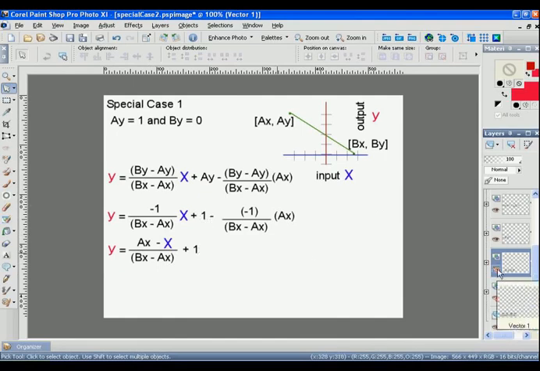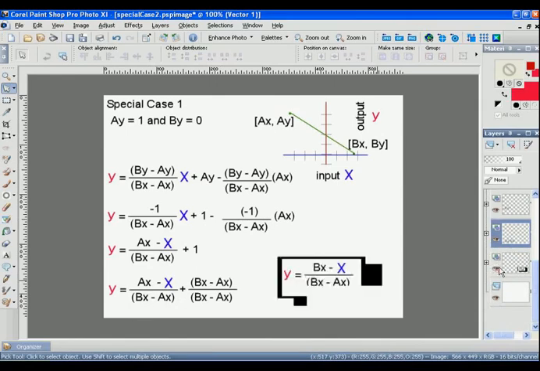We can simplify this a little bit further because 1 is equivalent to BX minus AX divided by BX minus AX. Doing this gives us the same common denominator, which means we can then add the top parts together. When we do that, we get y equals BX minus x over BX minus AX.